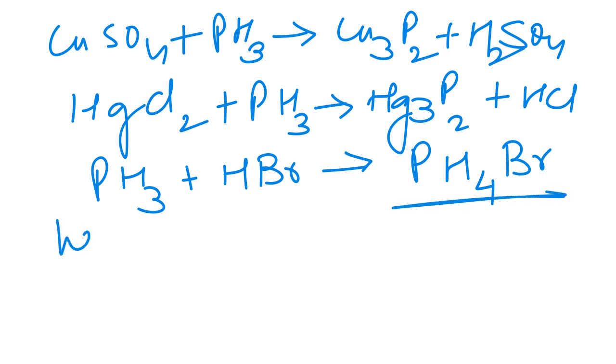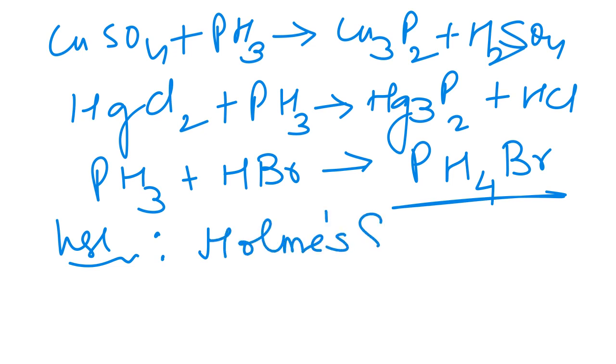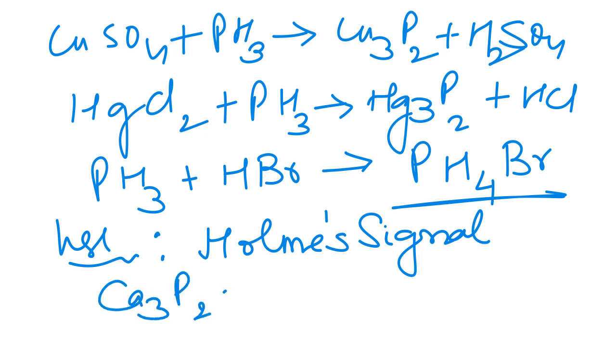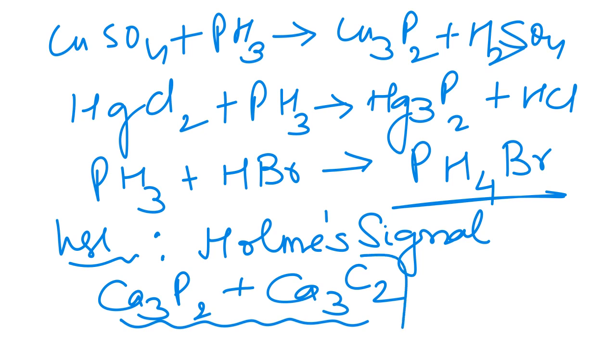Then use is important as it can come in the objective type questions. It is used as Holme's signal. How? You take calcium phosphide and calcium carbide in a container, and after piercing it, throw into the sea.